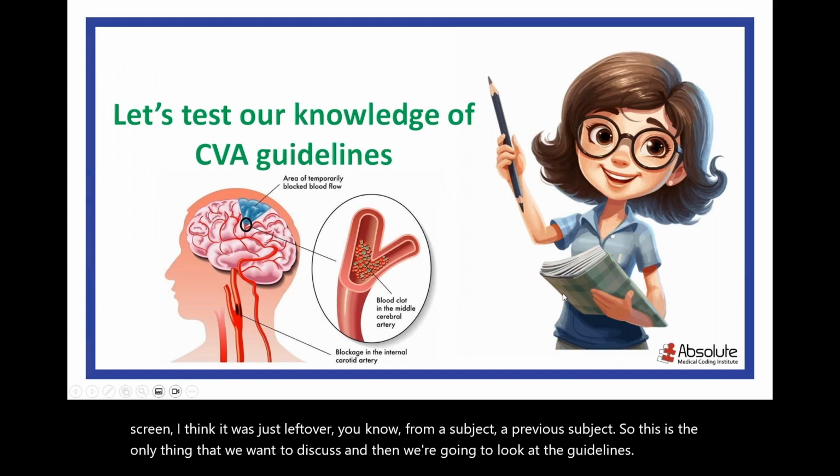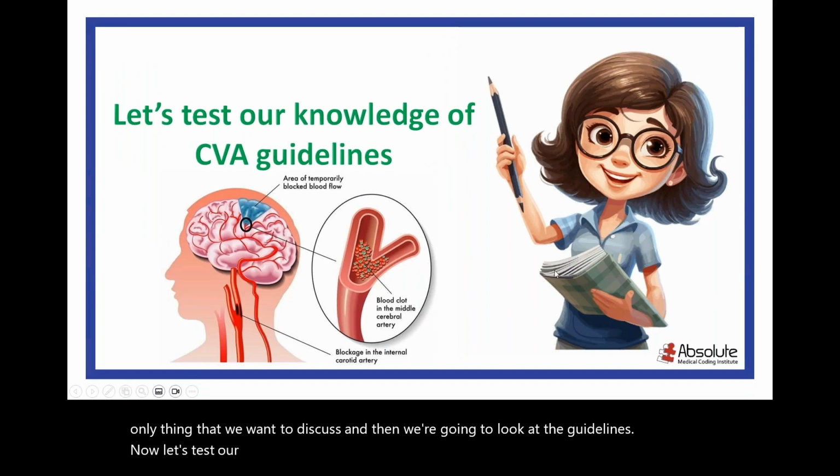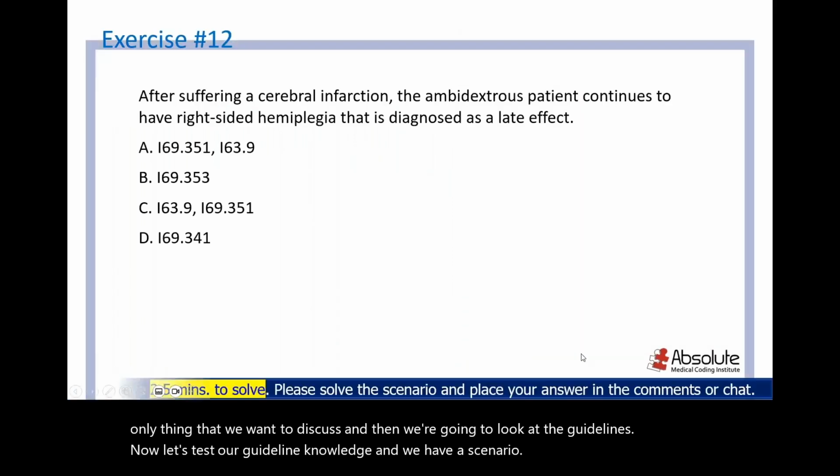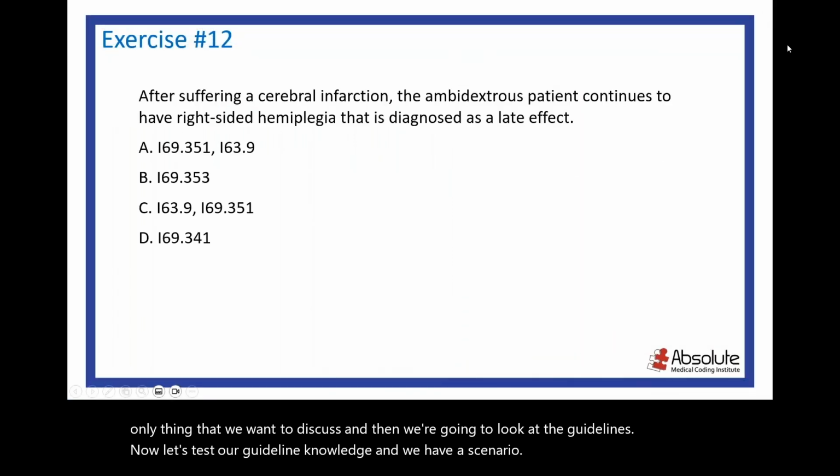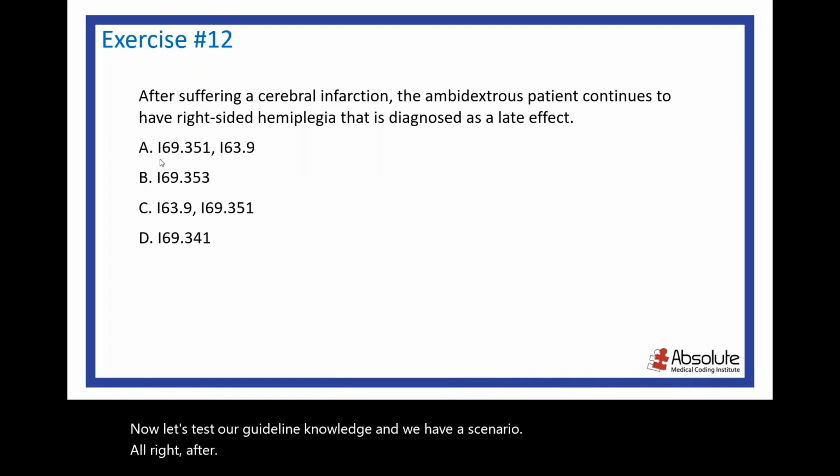Now let's test our guideline knowledge, and we have a scenario. A, I69.351, I63.9. B, I69.353. C, I63.9, I69.351.